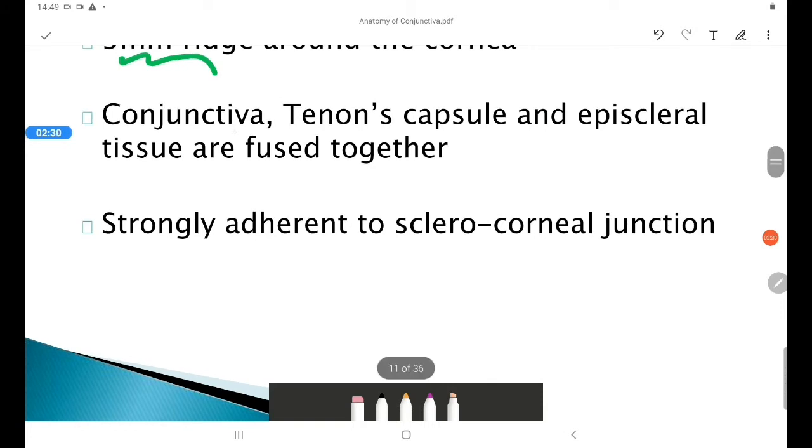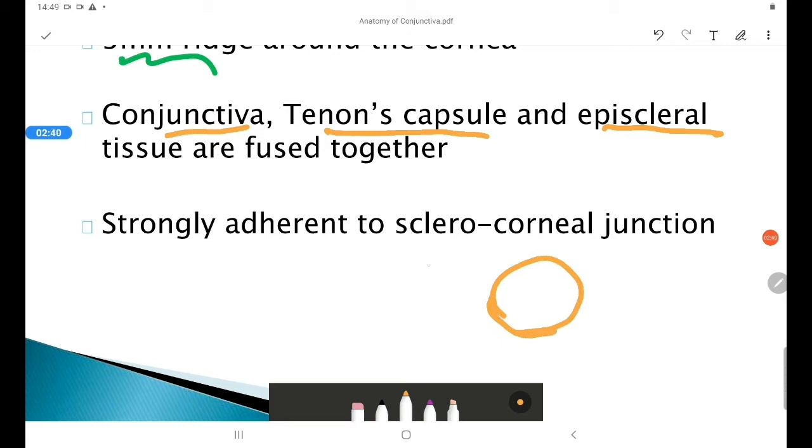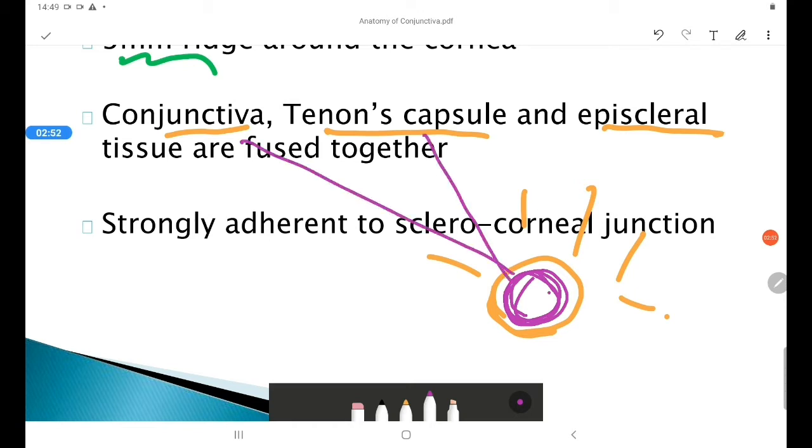The conjunctiva, the Tenon's capsule and the episcleral tissue are in fact all fused together at the limbal area. So if this is the scleral part and this is, let's say, the cornea, which is a central circle, the limbus is actually a fusion of all this. Limbal conjunctiva is actually a fusion of all these three tissues.